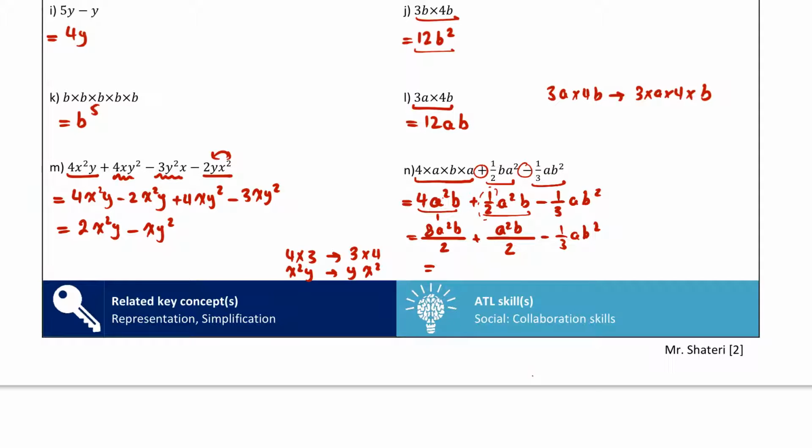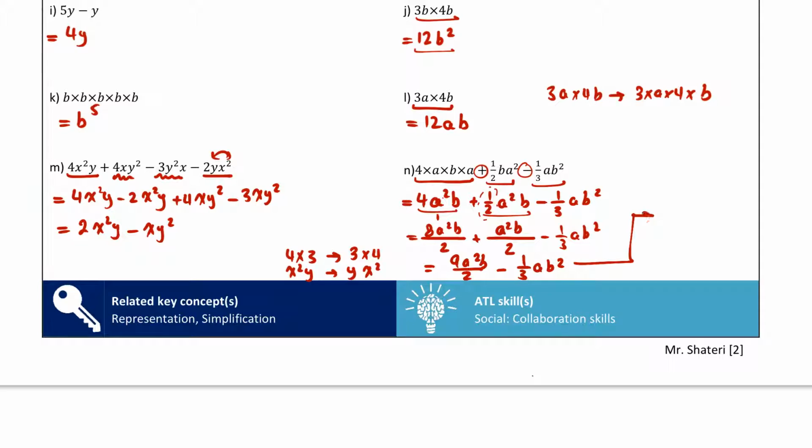So now I have 8a squared b over here. And I'm adding 1a squared b, so 1 apple plus 1 apple on the numerator. And when you're adding fractions, the denominator stays the same. So I get 9a squared b over 2 minus 1 over 3ab squared.